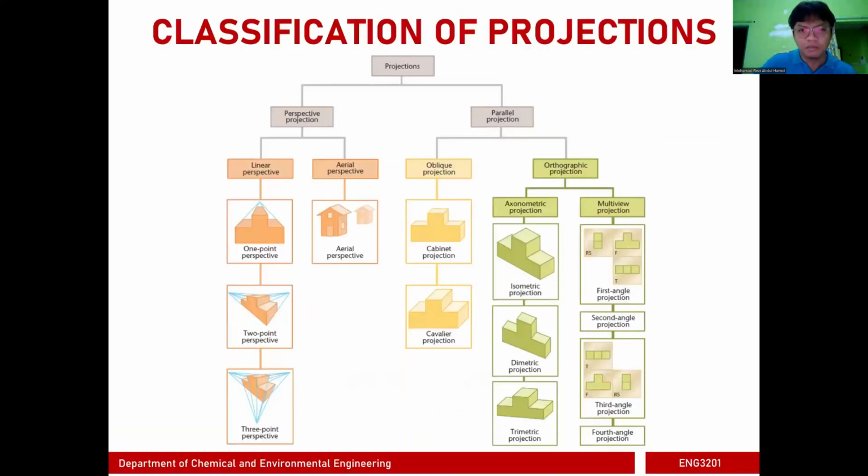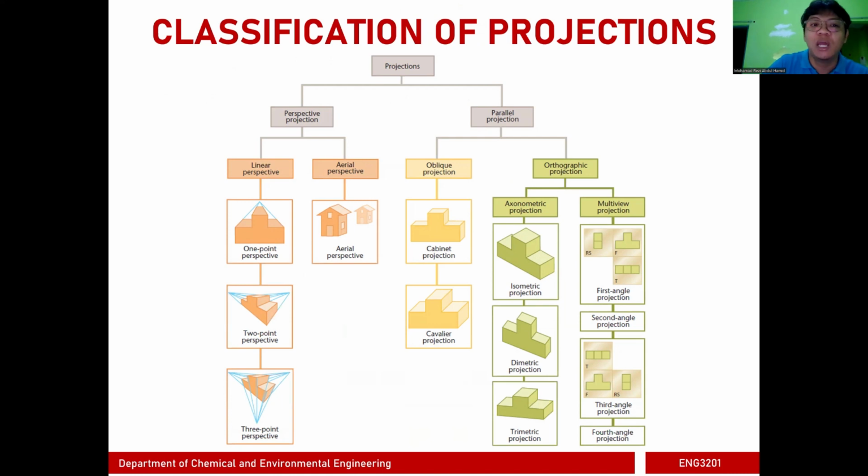All right, let's begin. This figure is available in your textbook. It captures the different types of projection that are available, and it really depends on how the line of sight and plane of projection interact.